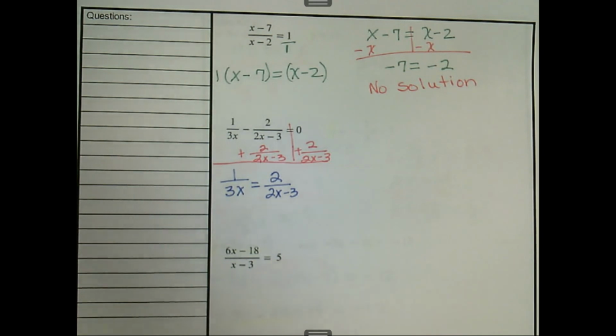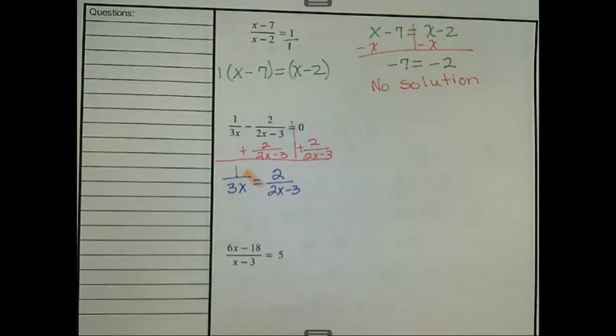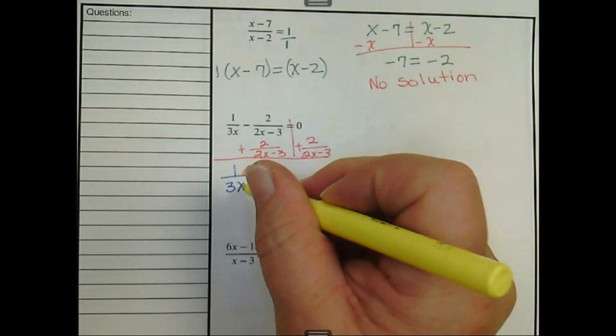Now, in this case, because I've got variables on both sides of my equal sign, I have to do the cross multiplication. So, here we go. 1 times 2x minus 3, 3x times 2.